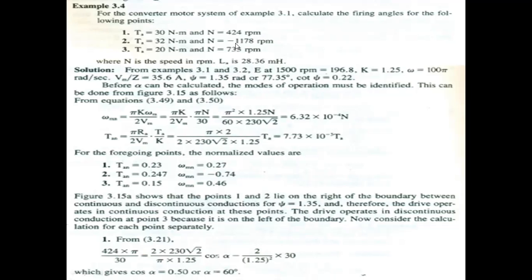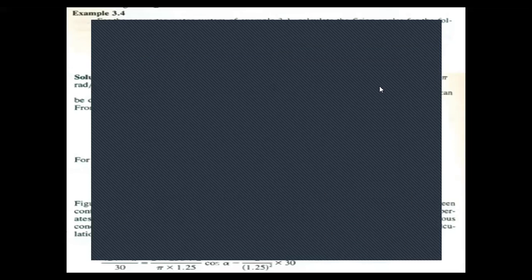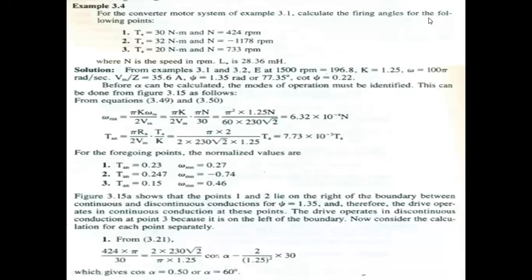Firstly, they have given the firing angle alpha, and they are keeping one inductance to ensure continuous conduction mode. Now they are giving the torque and speed values directly, omega m and T are given. From that you have to find the alpha value, in reverse, in this fourth problem.